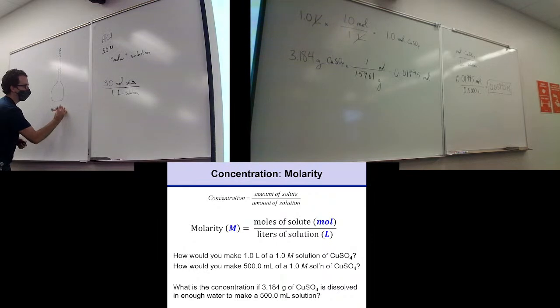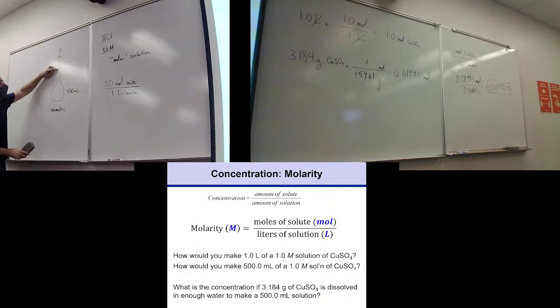and they are designed for making solutions like this, because each of these flasks is sized for certain volumes. So maybe this is a 500 milliliter volumetric flask, and you put your solid in here, dry, and once your solid is in here, you add a little bit of water, and then mix it up, and then fill it up with water until you hit that line exactly.